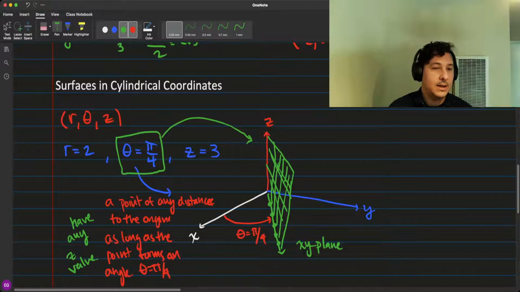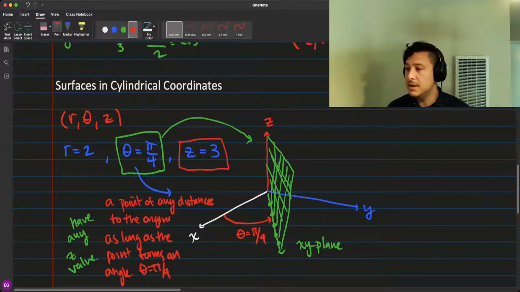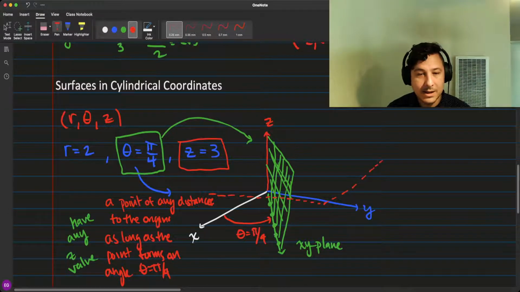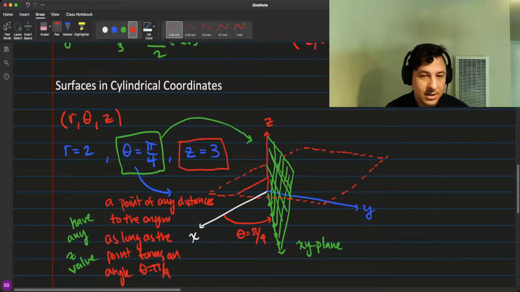Okay, let's look at another one of these. Let's look at z equals 3. So what do you get if you just graph z equals 3? Well, what you get is all the points which have a z value of 3. So what that looks like is the xy plane shifted up by 3. That's what I'm trying to draw right here.